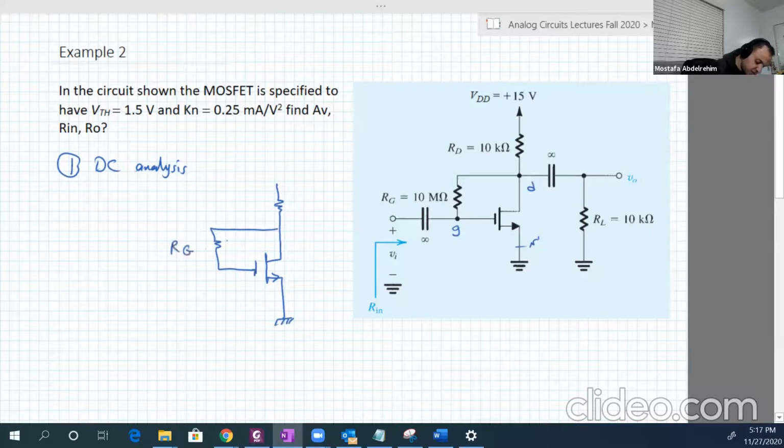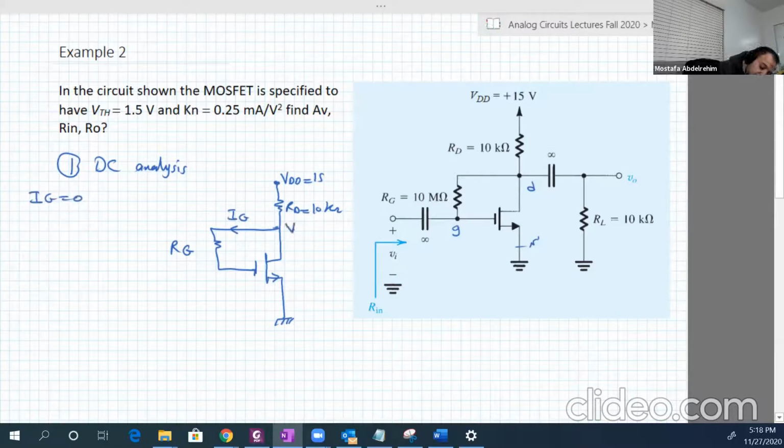RG is 10 mega ohms. Here is VDD, which is 15. Here is RD, 10 kilo ohms. Okay. Here is IG, which is equal to 0.